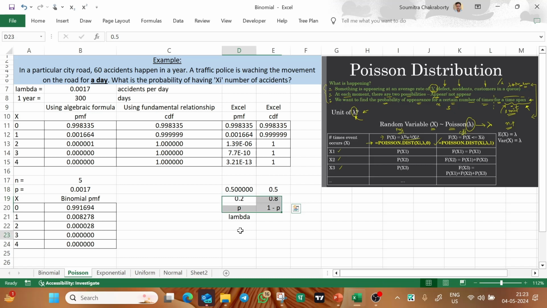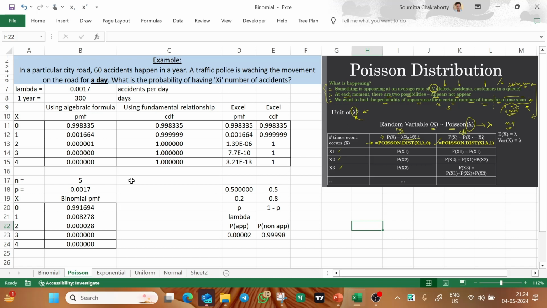But in problems like the Poisson distribution, the probability of appearance versus the probability of non-appearance will differ a lot. For example, the probability of appearance will be 0.002, and this will be like this. Only then should you use the Poisson distribution. And if you approximate that using the binomial PMF, that is absolutely fine. It will give you almost similar results.